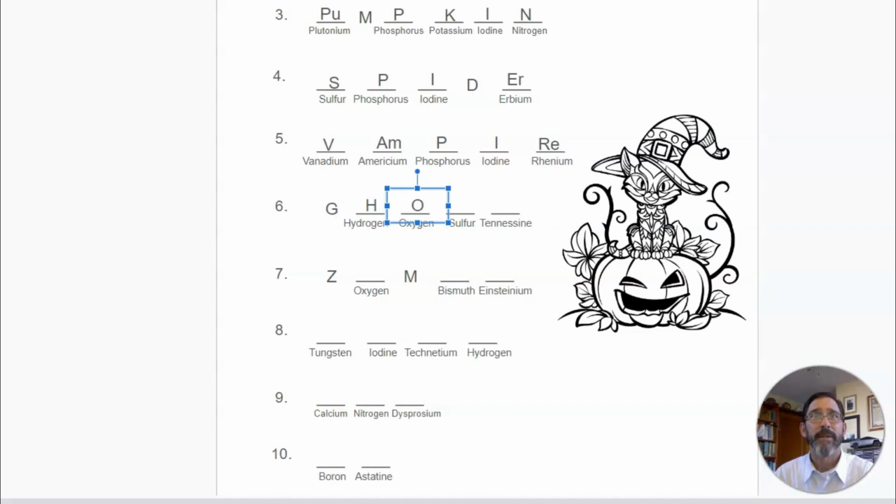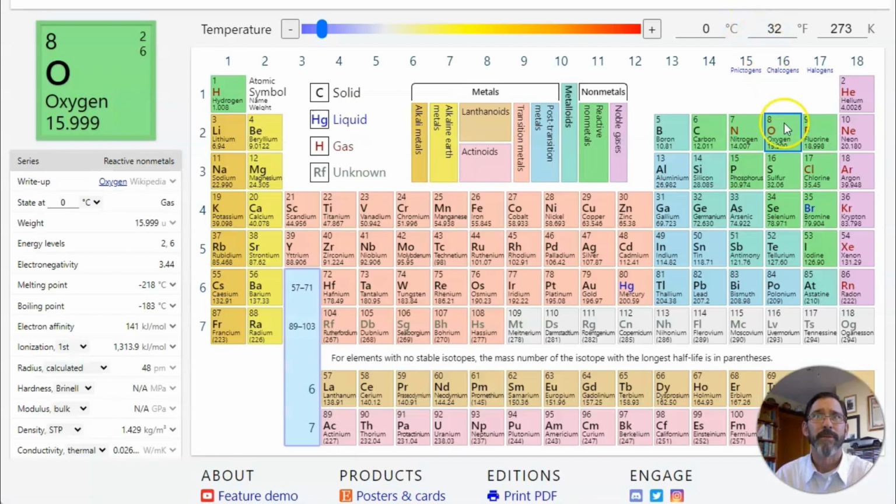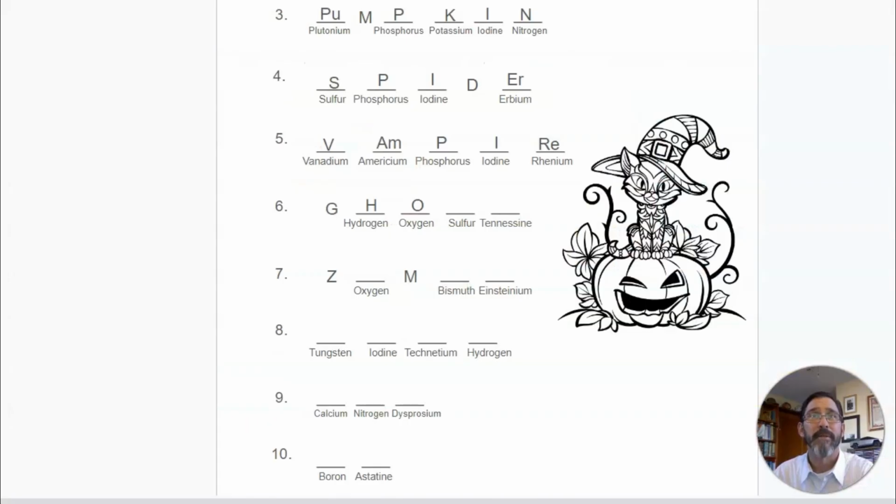And the next element is sulfur. Sulfur is number 16, directly below oxygen. Its atomic symbol is a capital letter S. Place the capital letter S above sulfur.